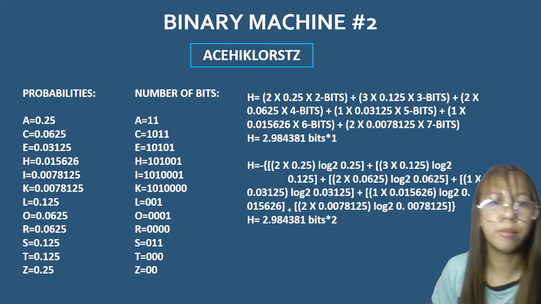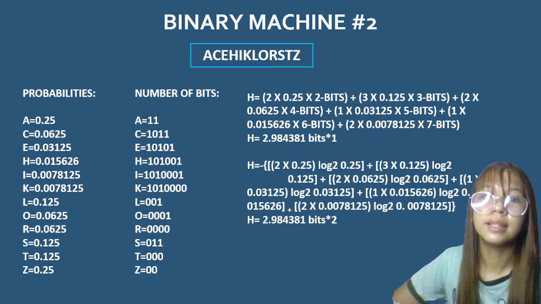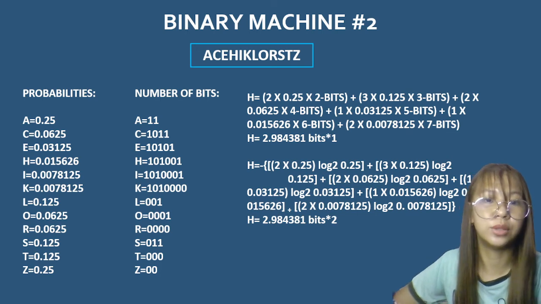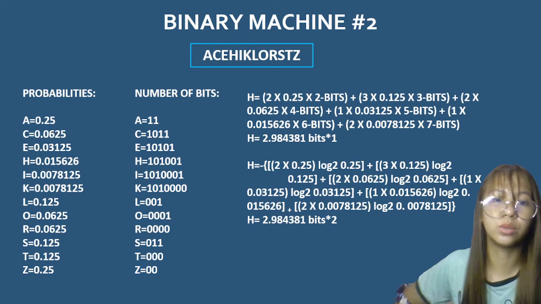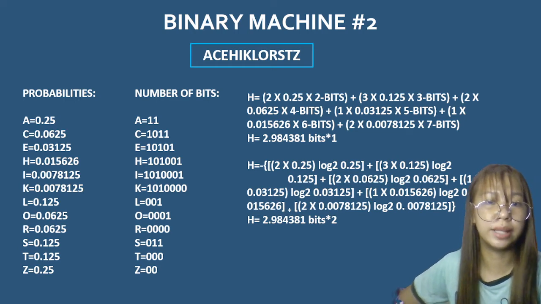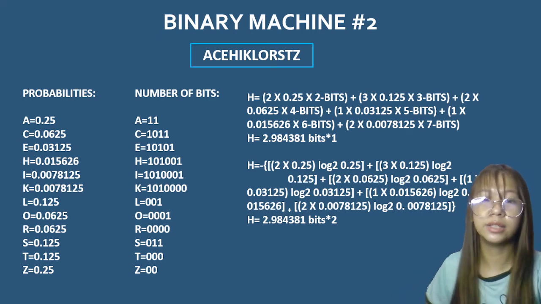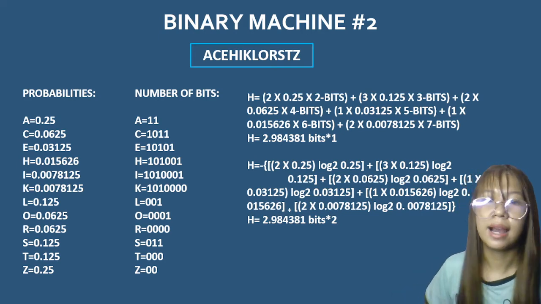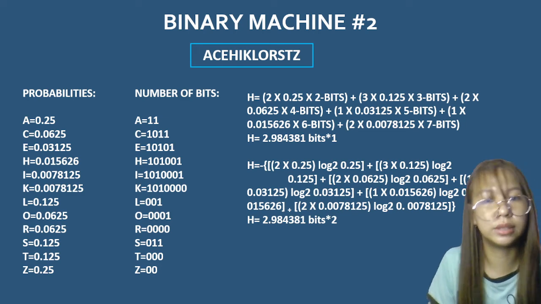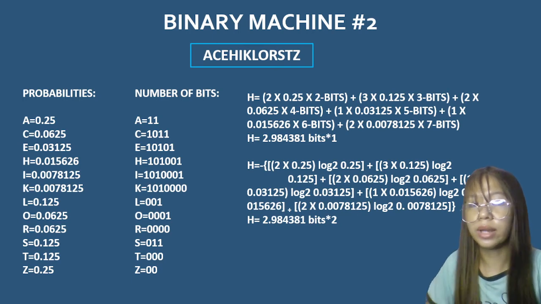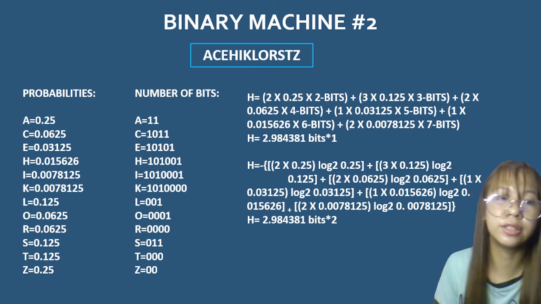Now, in number of bits, A is equal to 11, C is equal to 101, E is equal to 10101, H is equal to 1010001, I is equal to 1010001, K is equal to 1010000, L is equal to 001, O is equal to 001, R is equal to 0000, S is equal to 011, T is equal to 000, then Z is equal to 00, as you can see here.